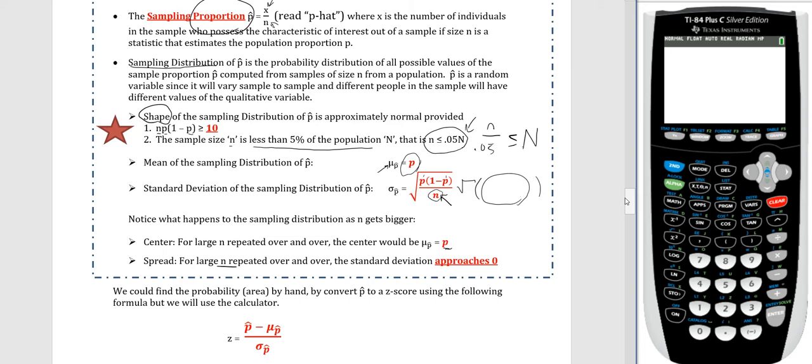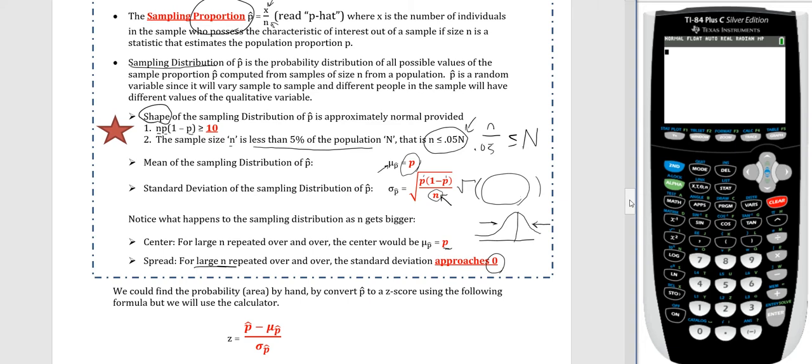So as you have a really large n, this standard deviation should approach 0. As I increase n more and more, this distribution should become more and more squished towards that center value, which means it'll be better at finding the estimated population proportion.